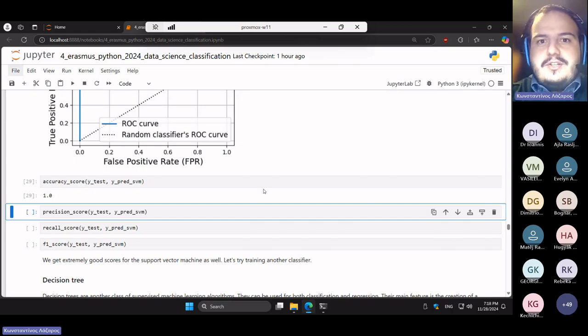Another criterion that plays a very important role, especially in big data, is, for example, the computational time that is required for your model to run.